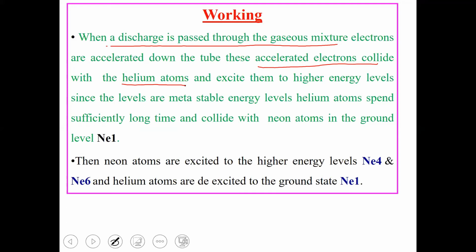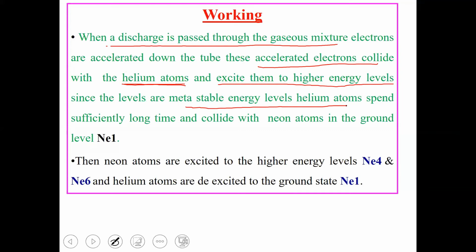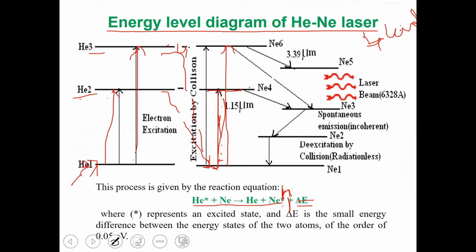During this movement, they collide with the helium atoms, and the helium atoms are excited to higher energy levels. Since they are metastable, the helium atoms spend a sufficiently long time and then collide with the neon atoms.